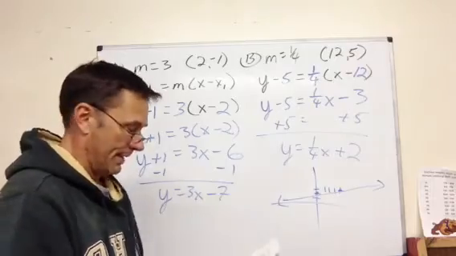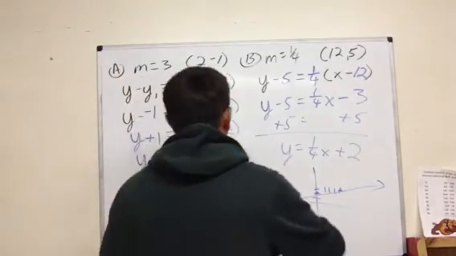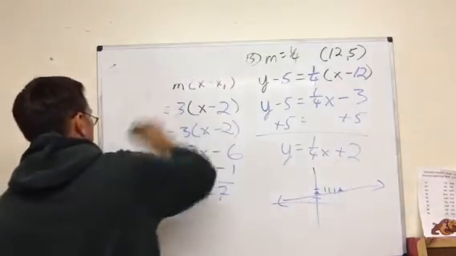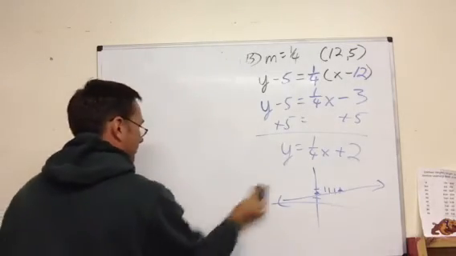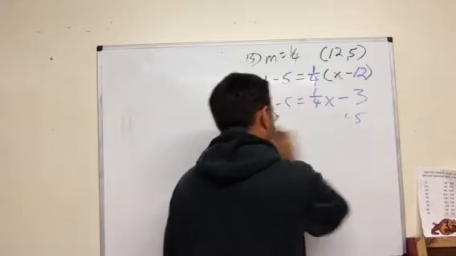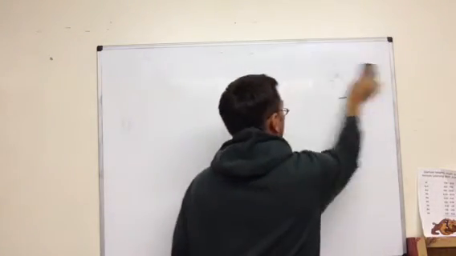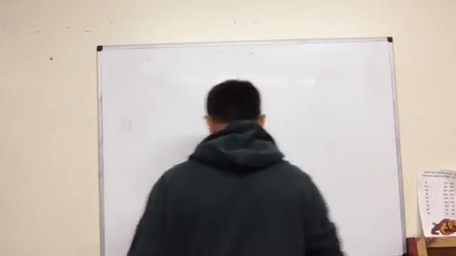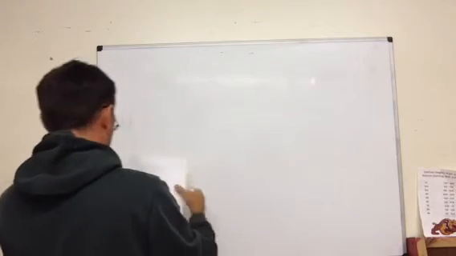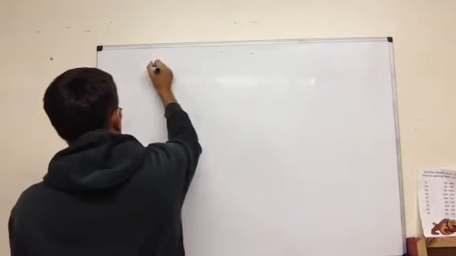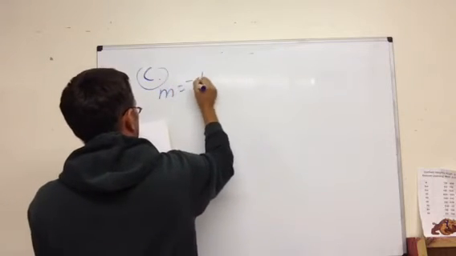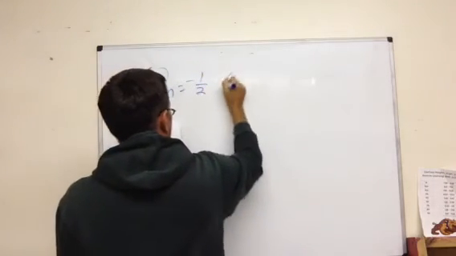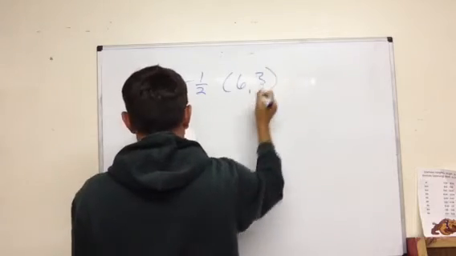Okay? Now I want you to try these two on your own. Problem C. M equals negative 1/2, passing through the point 6, comma 3.